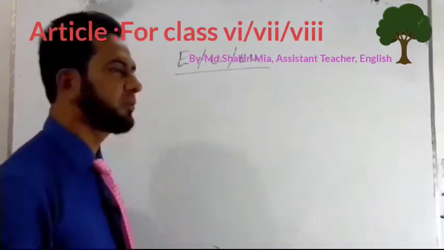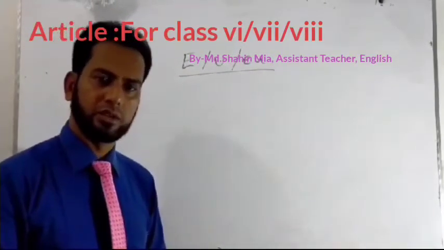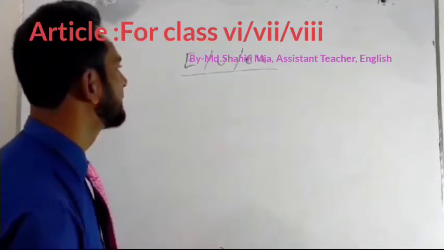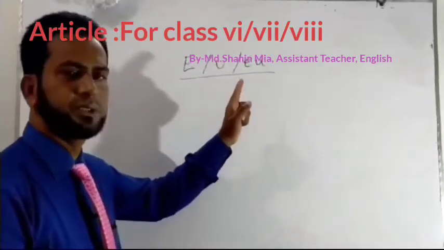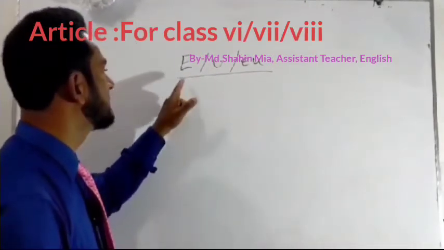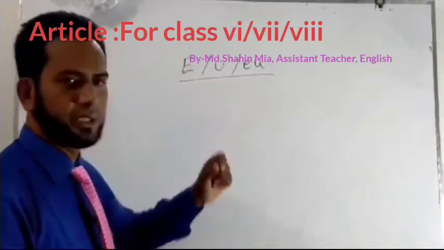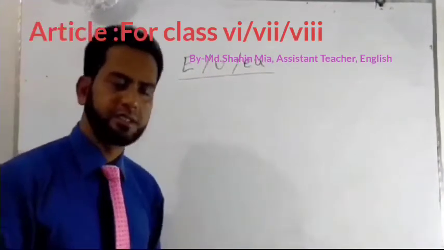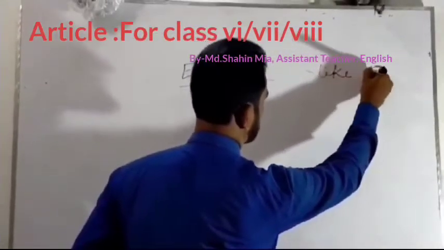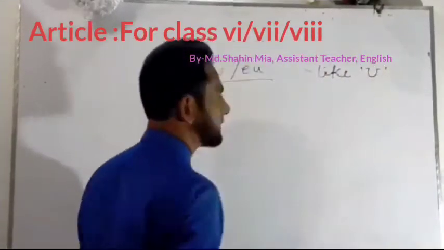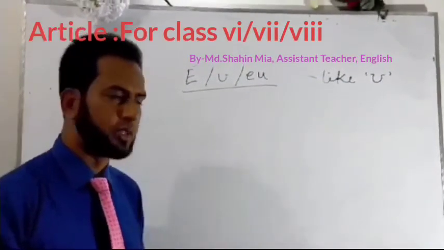On the basis of vowel sound and consonant sound, we must use article a or an. So if the pronunciation of E, U or EU is like U, then we must use a before the word.